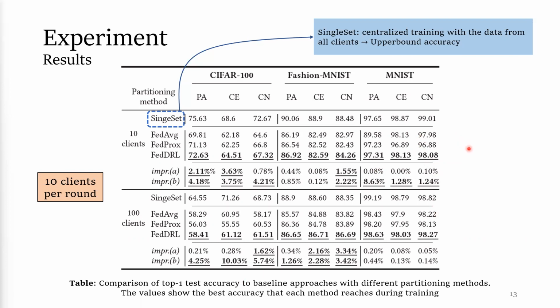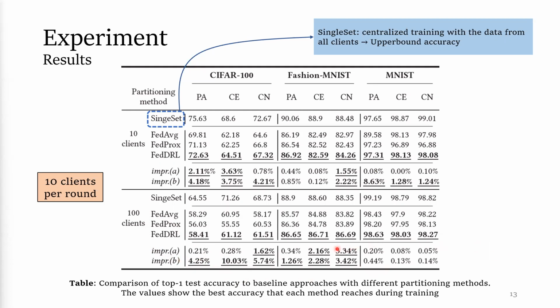Overall, the results show that our proposal outperforms the 2 other benchmarks in all the cases, and the improvements are more significant when it comes to a large number of participants. As we can see here, in CIFAR 100 with 100 clients, our improvements are quite significant, up to 10%. This result shows that our weighted aggregation method using reinforcement learning can more effectively engage the clients from the smaller group, leading to better accuracy.